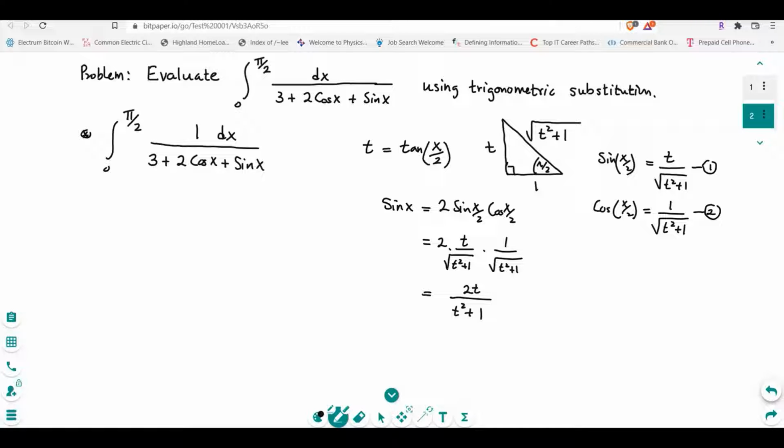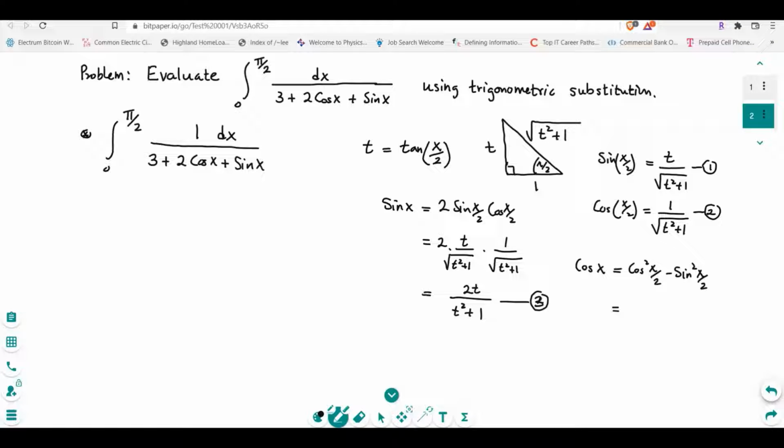Now, this is an important expression. I can call it number 3. Now similarly, we can express cosine x. Cosine x can be written as cosine squared x over 2 minus sine squared x over 2. These are again half angle identities that you come across in trigonometry.